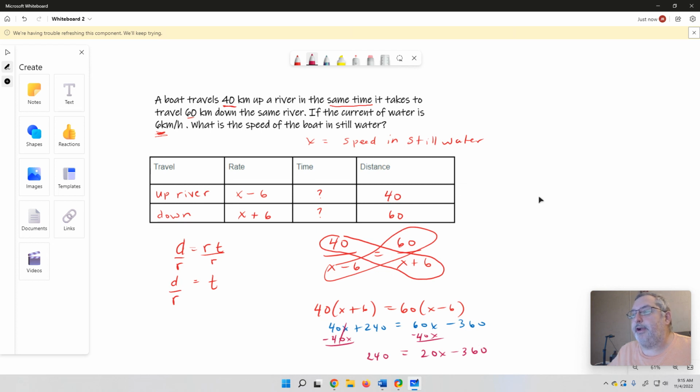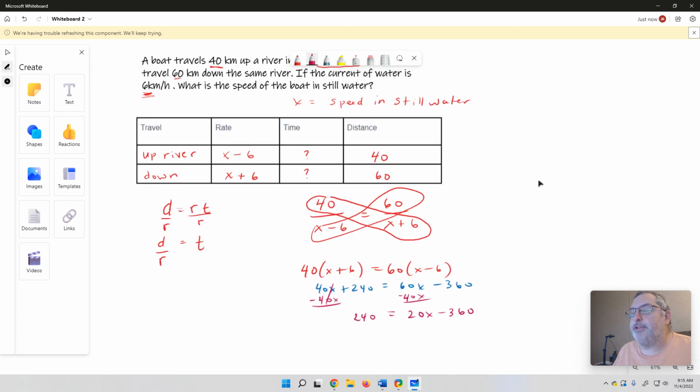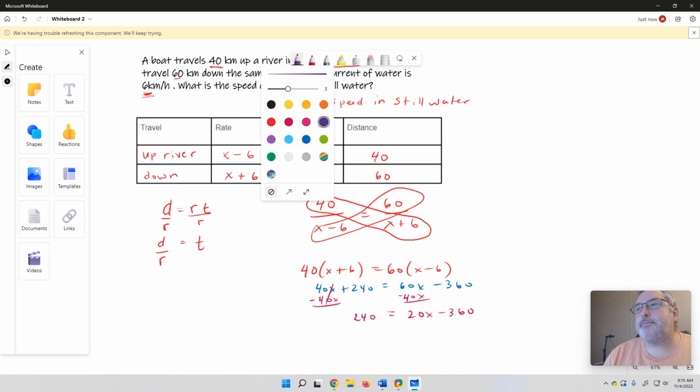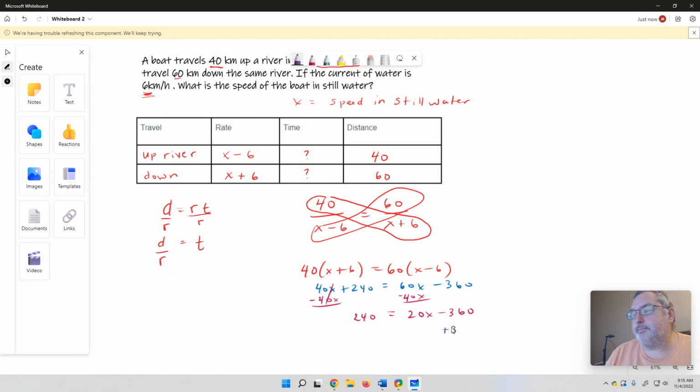And so once we get there, it's just a couple steps left. I'm going to add 360 to each side. That gives me 600 equals 20x, then divide by 20.